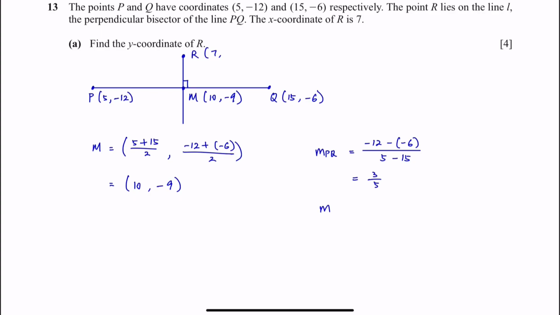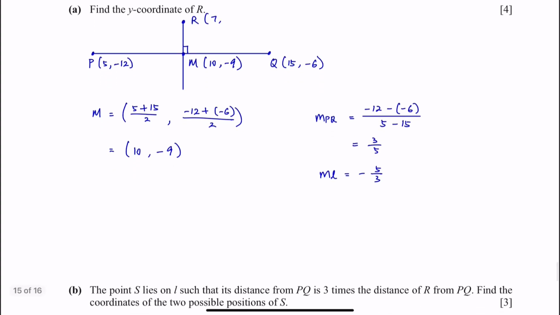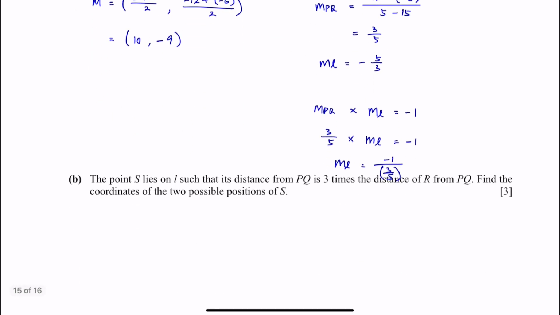And the gradient of line L would be -5 over 3, because when they are perpendicular to each other, the m of PQ times m of line L would be -1. So when 3 over 5 times this gradient, we will get -1, and this gradient is simply -1 divided by 3 over 5. So we get -5 over 3. Okay?